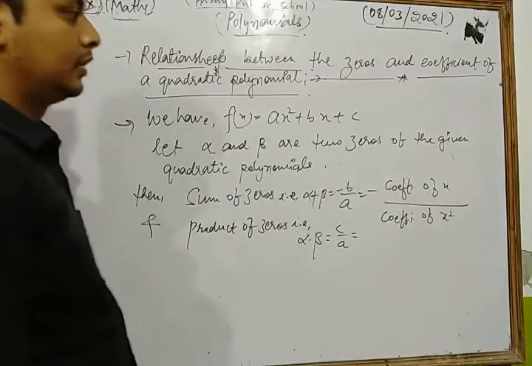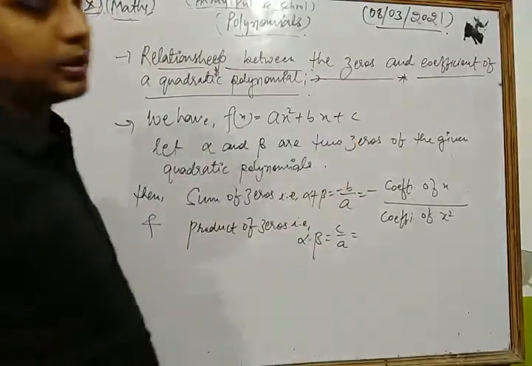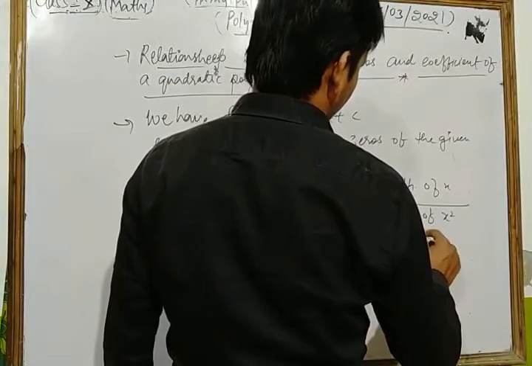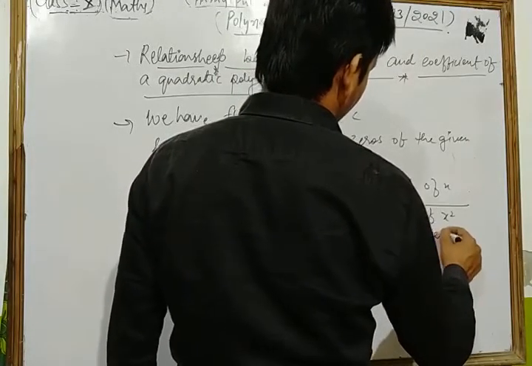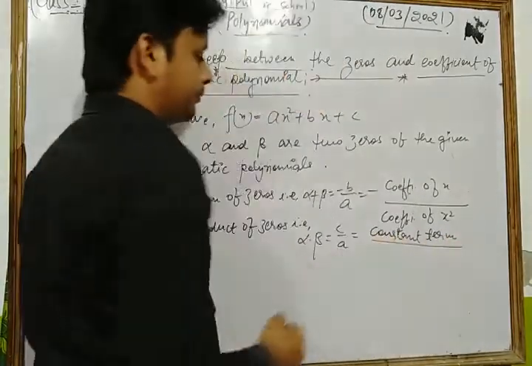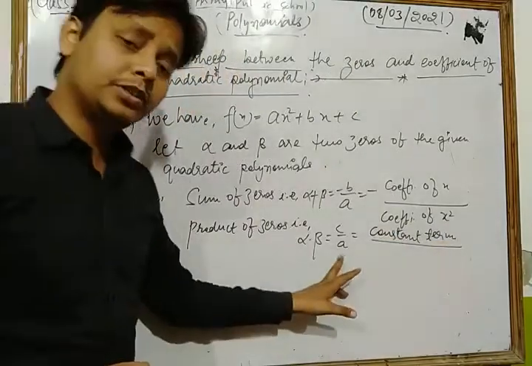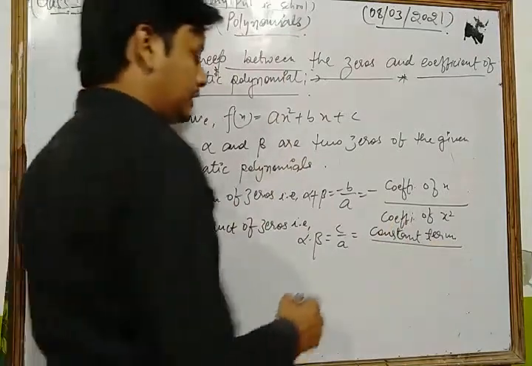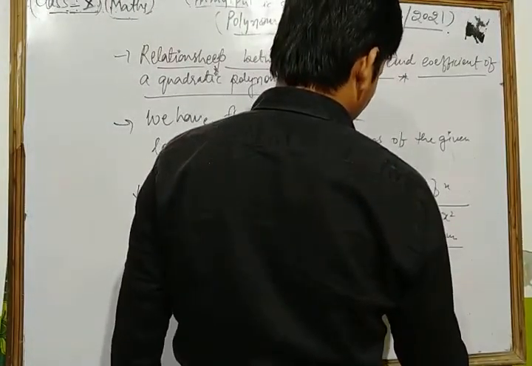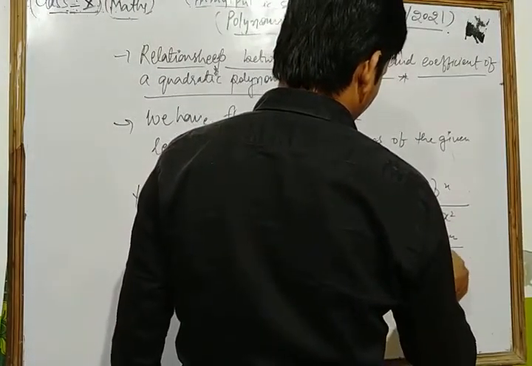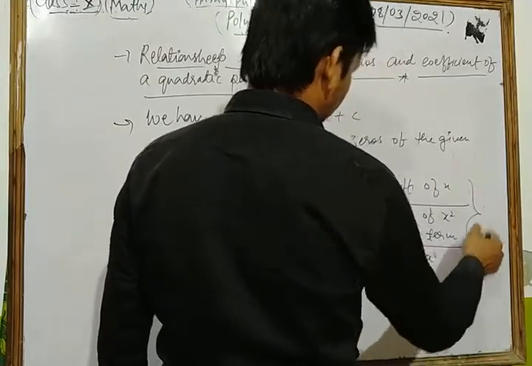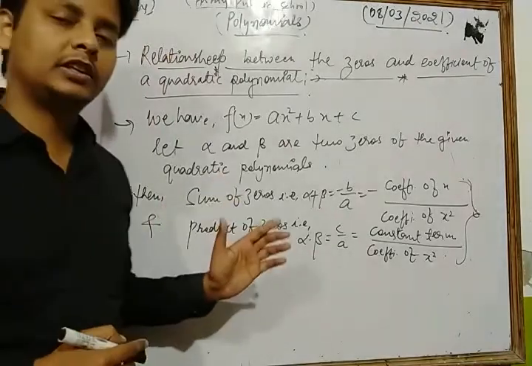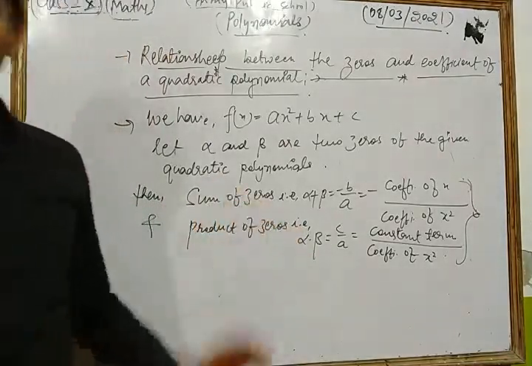Here c is the constant term, dear friends, constant term upon a, and a is the same as previous, the coefficient of x square. So dear friend, this is the very important relationship between zeros and the coefficients of the quadratic polynomial.